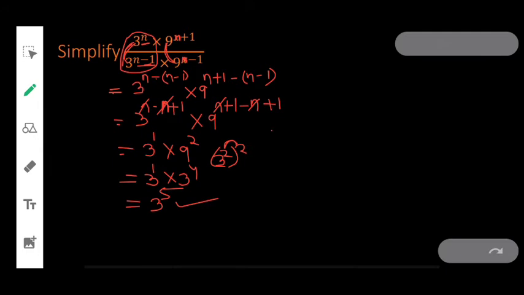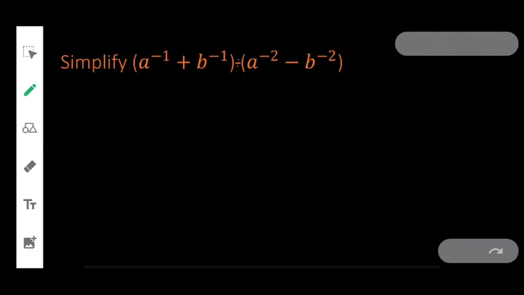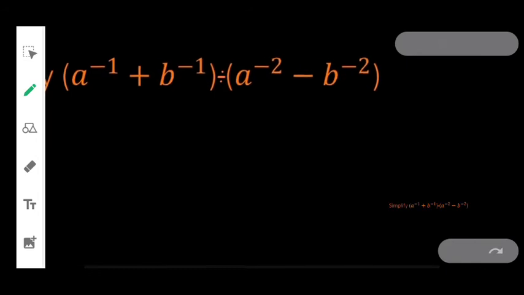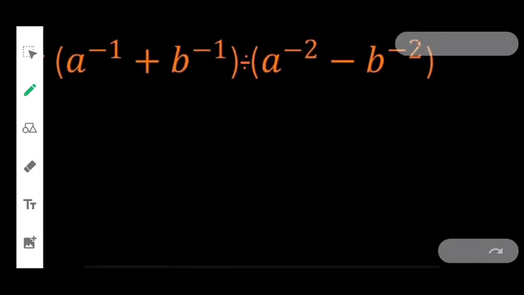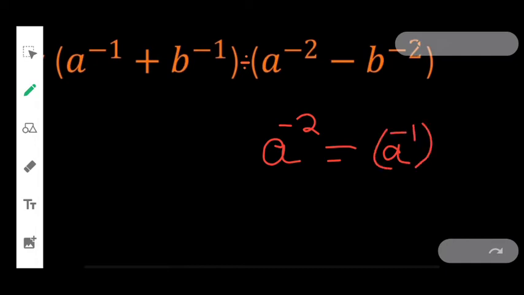Okay, next question: simplify a to the power minus 1 plus b to the power minus 1 divided by a to the power minus 2 minus b to the power minus 2. So we can write a to the power minus 2 as a to the power minus 1 whole square.